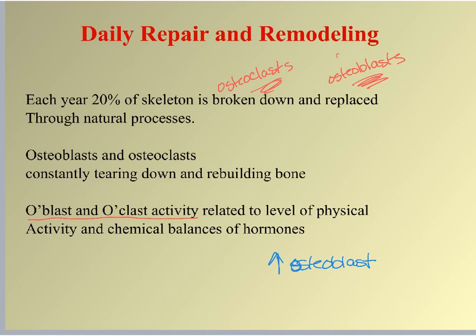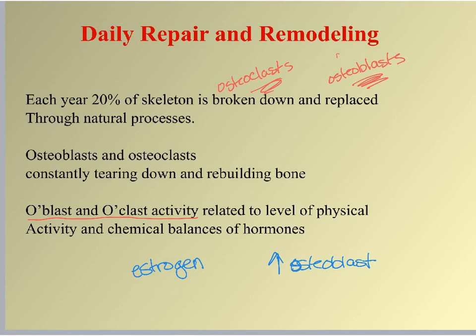And then also the balance of certain hormones. We will, in the next lecture for skeletal system, talk about the importance of estrogen and its role in osteoblast activity. Estrogen is a hormone in general. It speeds up the rate at which cells do their jobs. And so the higher the amount of estrogen, the greater activity in osteoblasts.